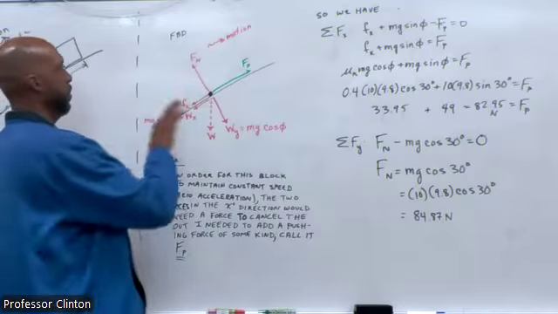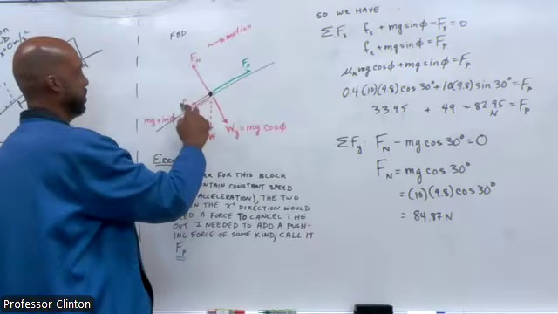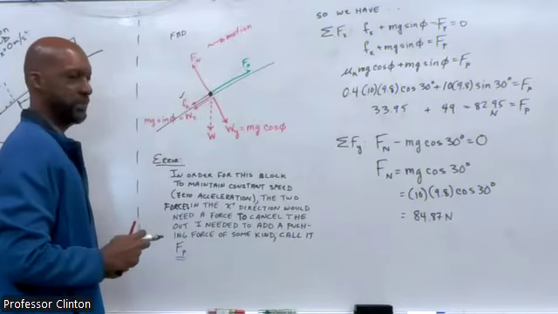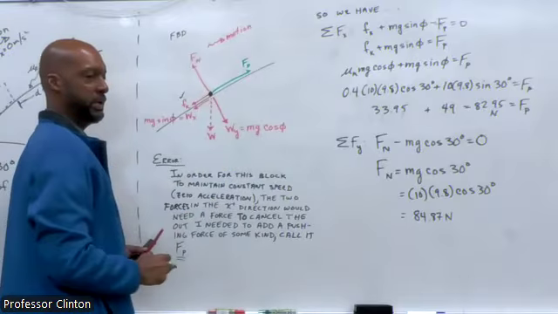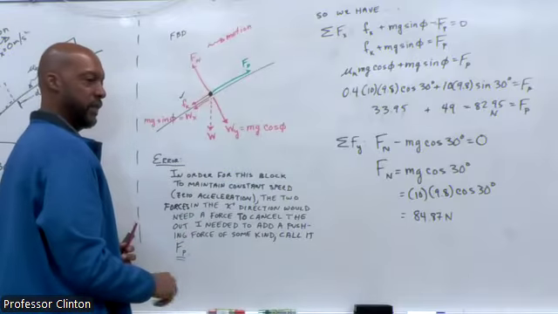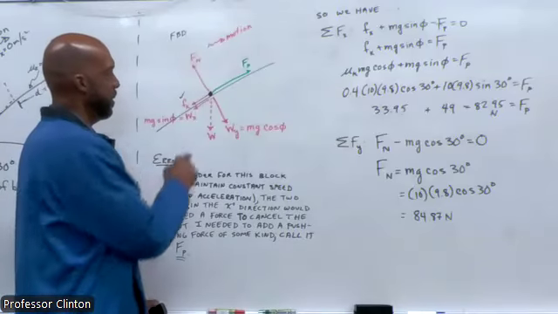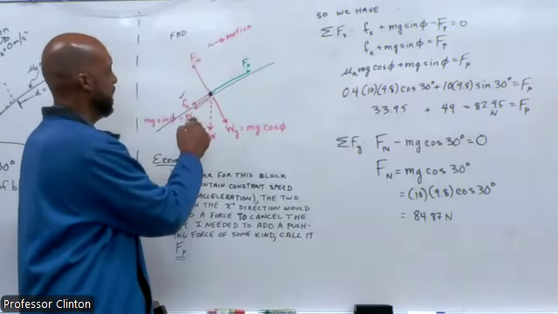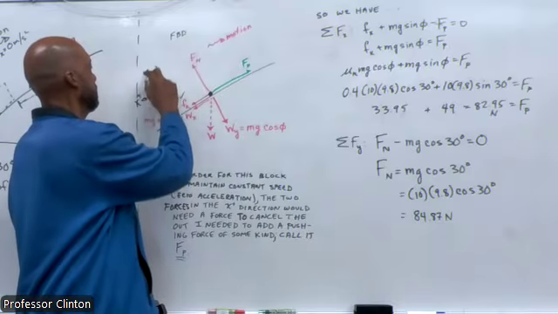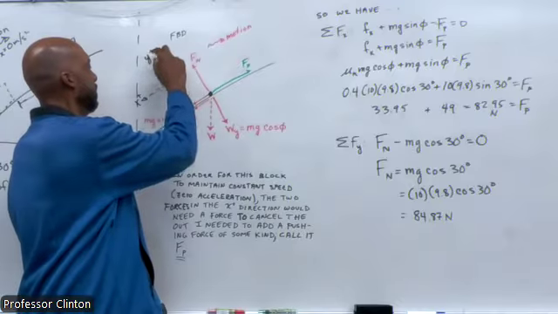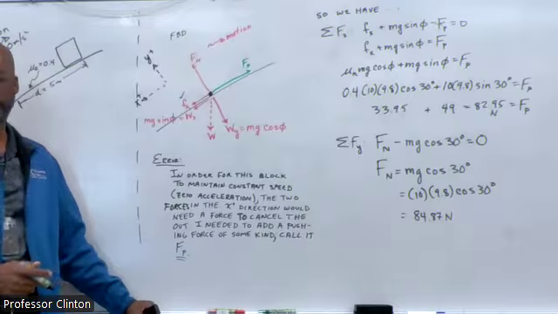All right, so we know that because motion is going up the ramp, and we have friction here, that friction is kinetic friction. We also know that weight is going towards the center of the earth, or towards the bottom edge of our paper. But that needs to be resolved because it's not in line with our XY axis. We always typically want to resolve forces that are not in line with our axis.